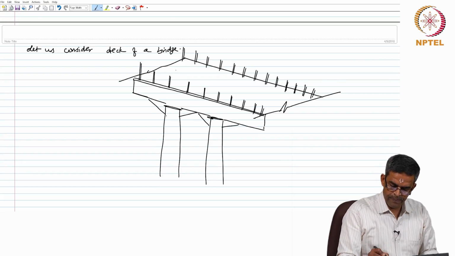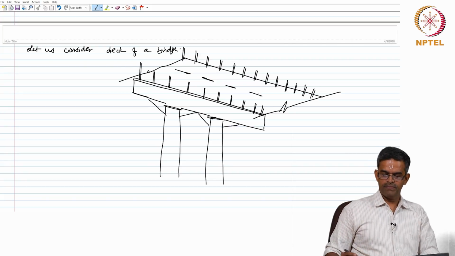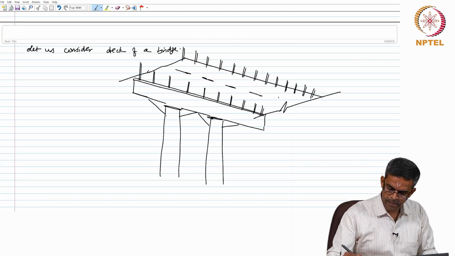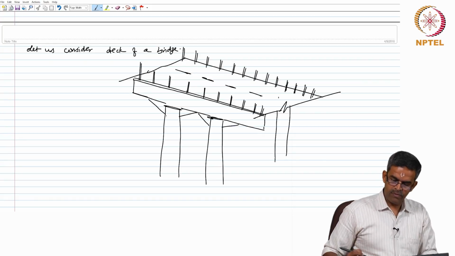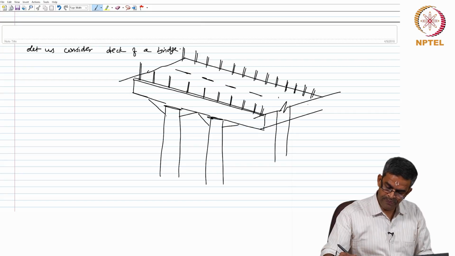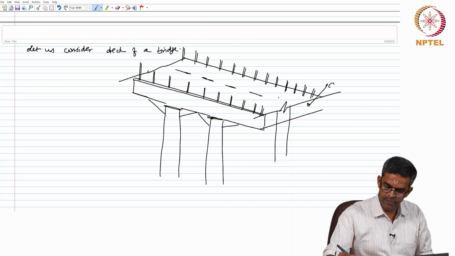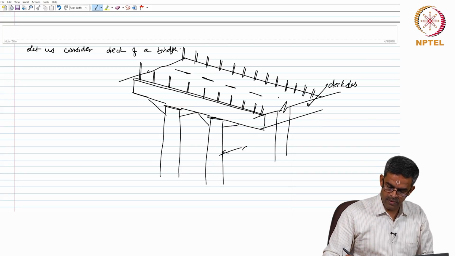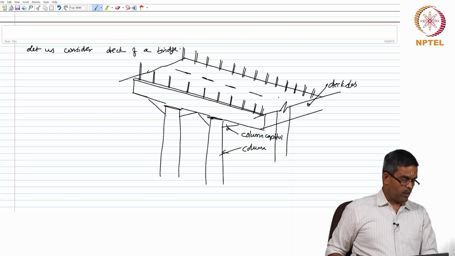Let us say this is a 2-lane traffic bridge which is also supported by columns and piers, and that is the deck slab. These are column, this is what we call as column capital, and so on.